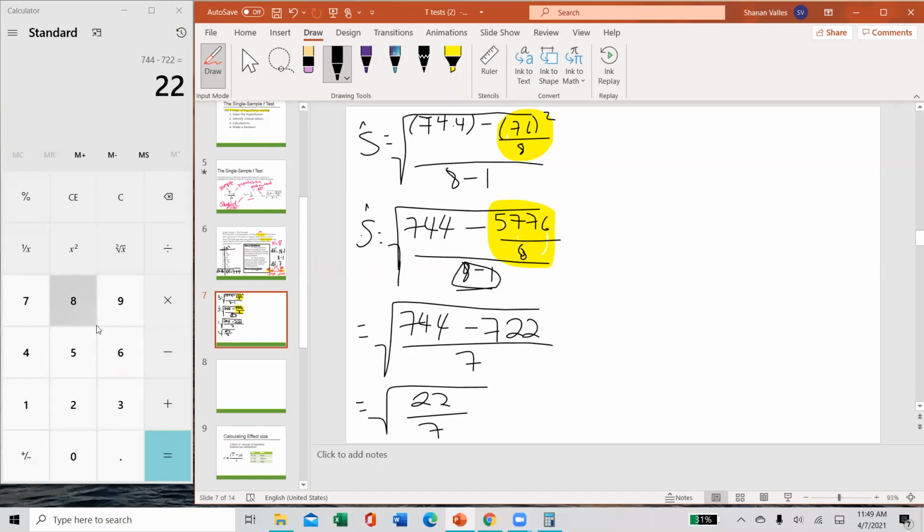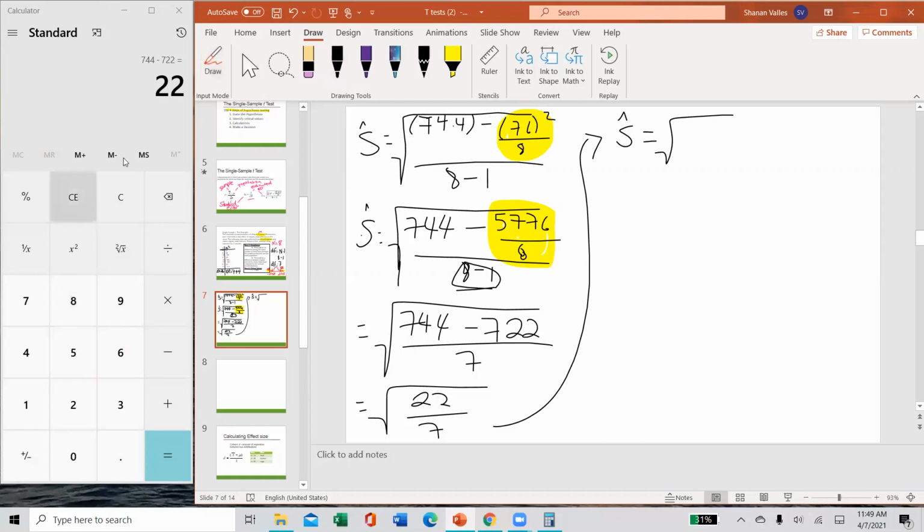I don't know where you guys want me to write it. I guess I could continue up here. Okay, so 22 divided by 7. Is this going to work? No. 22 divided by 7 equals 3.14.